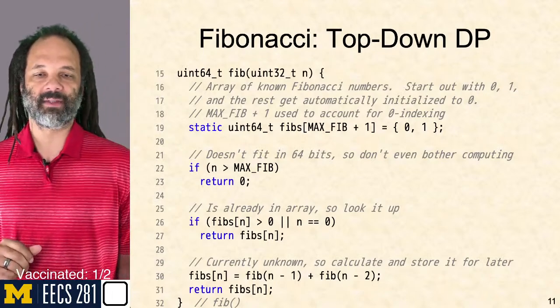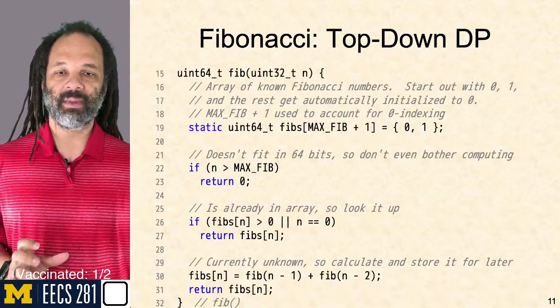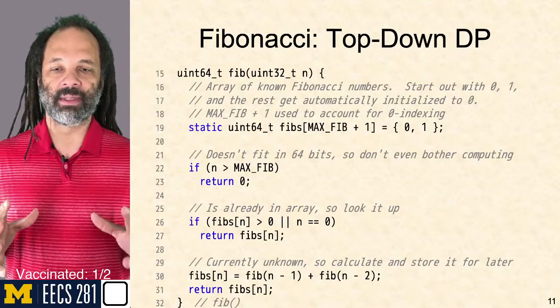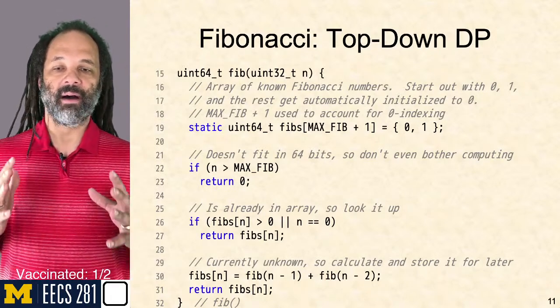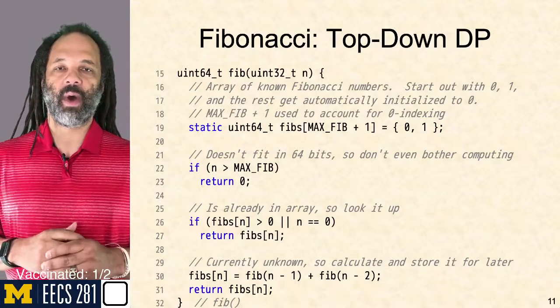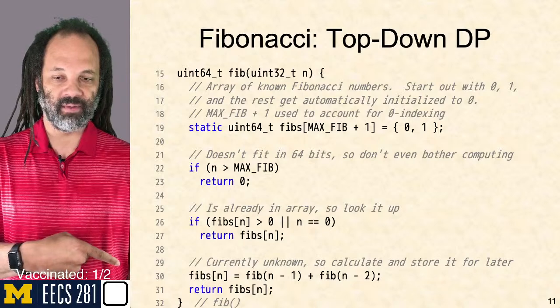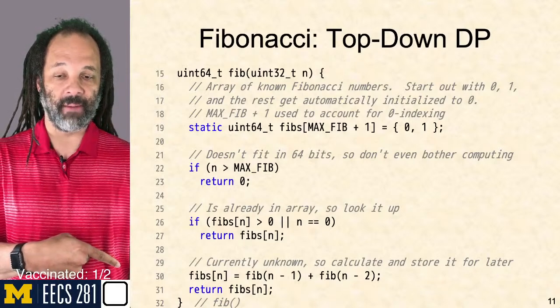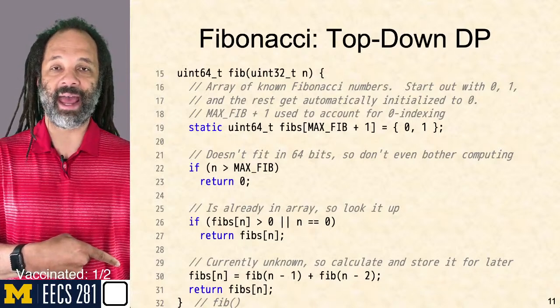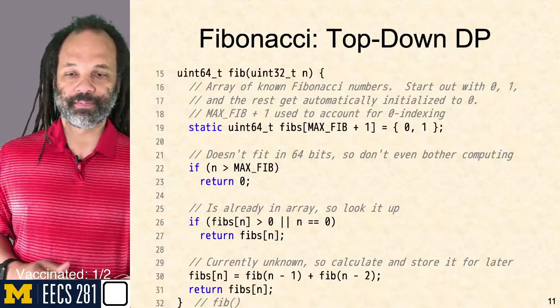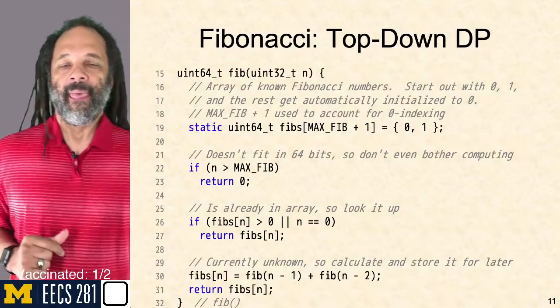So this is max fib plus 1, which gives me 94 items in this array of uint64s. Why do I have 94? So at the end, when I want to return fibs of 93 down there in line 31, I can put a 93 in there for n and not go out of bounds. That's what's going on there.